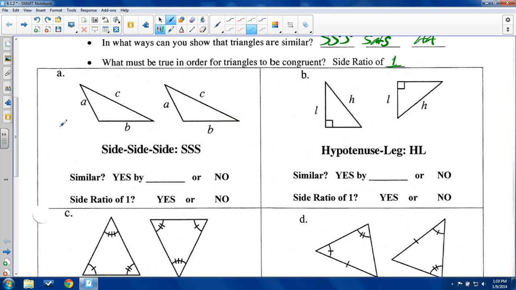I think you talk about similarity ratio, but in this case, A over A equals 1, B over B equals 1, and C over C equals 1. They all have the same side ratios of 1. So yes, by side, side, side. All of them share the same side ratio. Awesome. Do they have side ratio of 1? Yes, absolutely they do. So in that case, these are actually congruent by side, side, side as well.